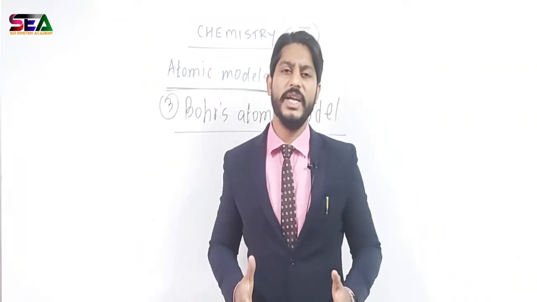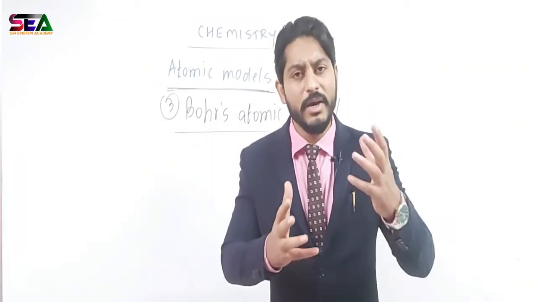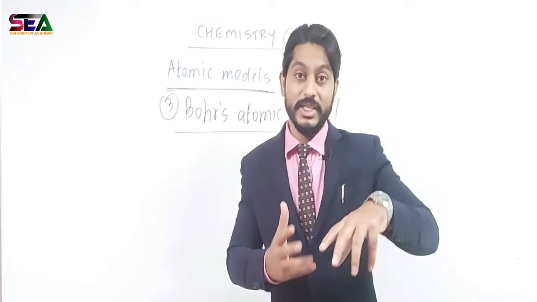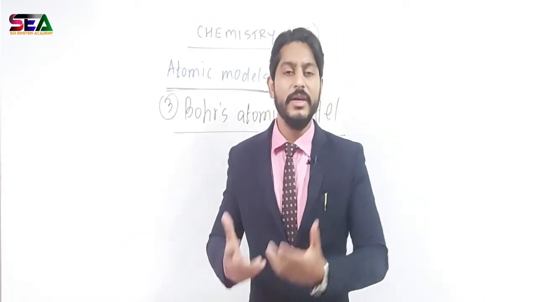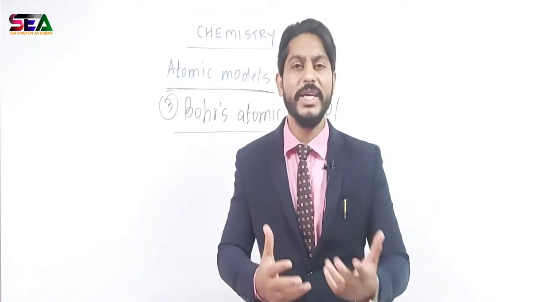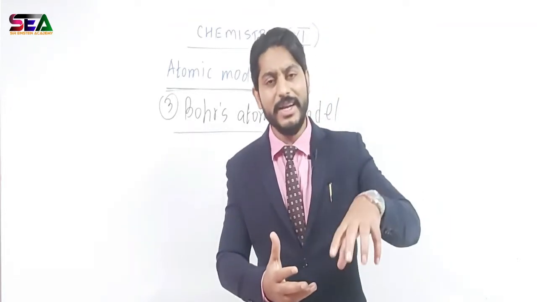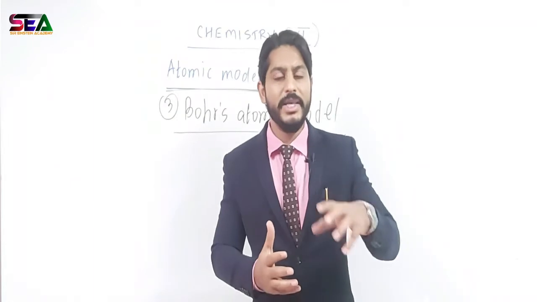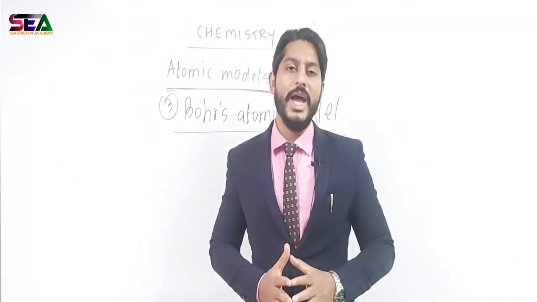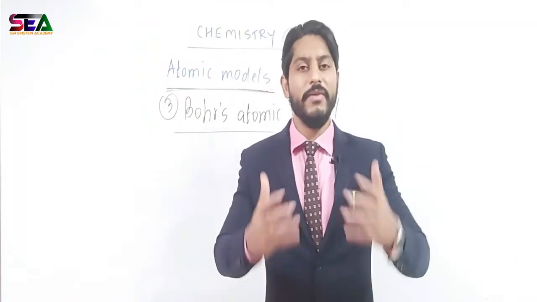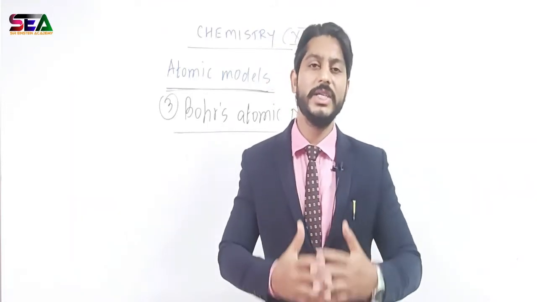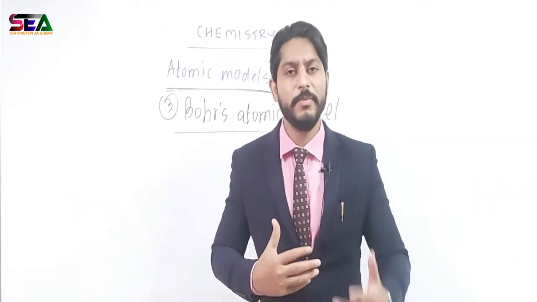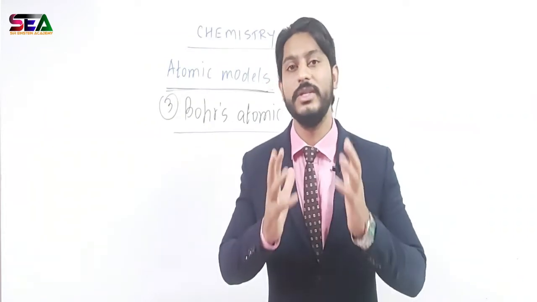He also stated the existence of subshells within the shells. The subshells, which nowadays we name s, p, d, f, are stated to be present inside the shell by the concept of Bohr's model. And friends, nowadays we have accepted Bohr's model as one of the most sophisticated models ever for the purpose of our study as well as further research.